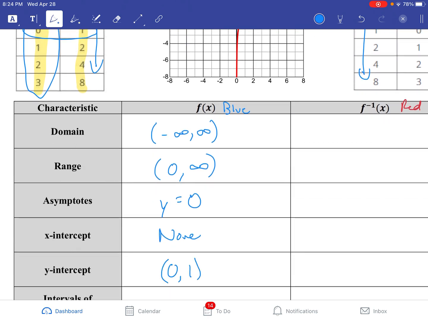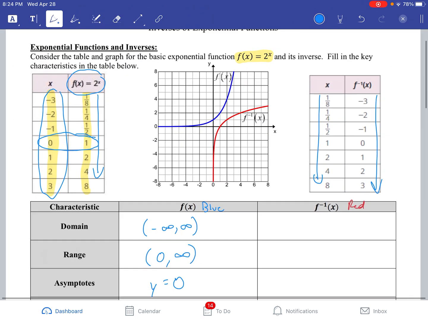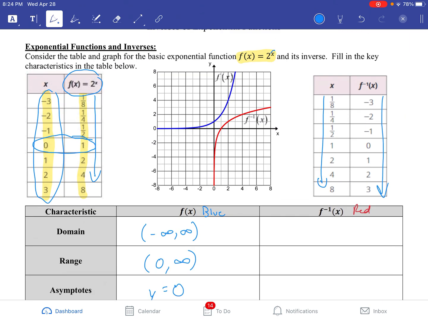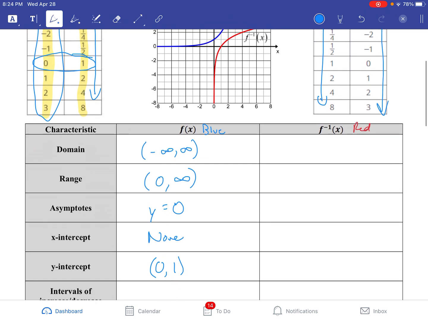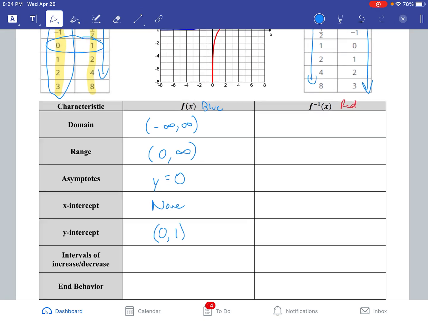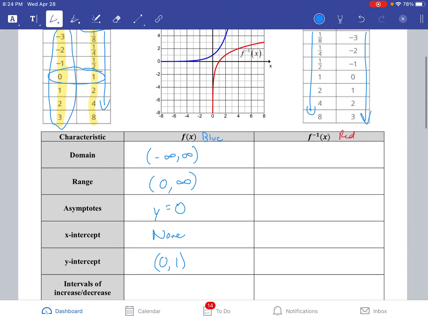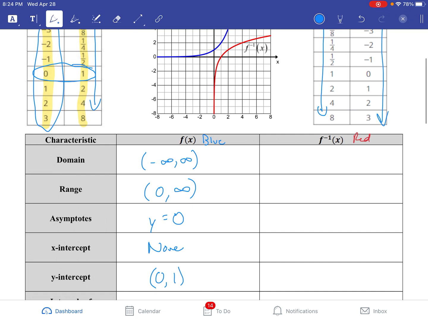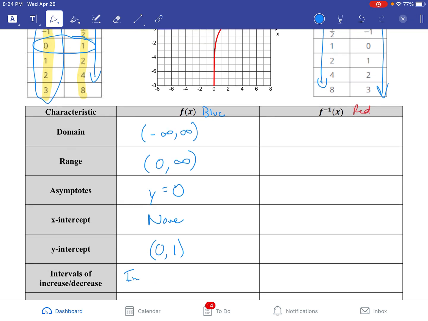Because when you raise the number, in this case 2, to the 0 power, you get 1. All right, again, we've seen this in the last topic. Intervals of increase or decrease, well, in this case, it's the growth function. It is increasing over the entire domain.